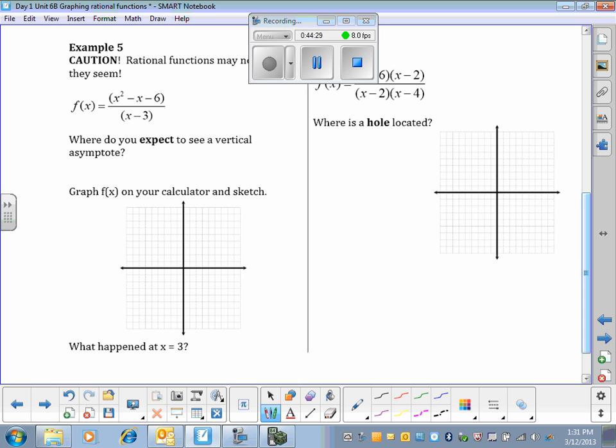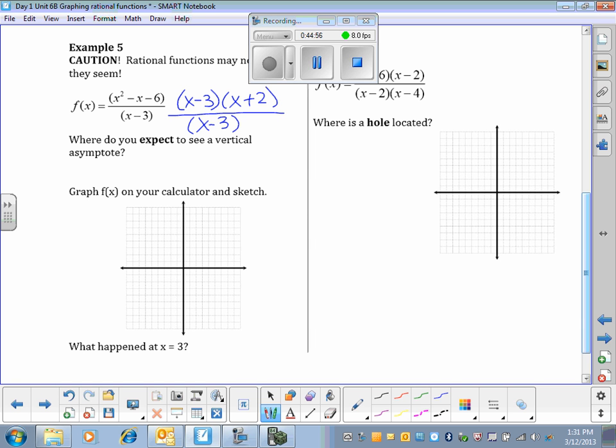So this is one of those that creates a hole, and I just wanted to show you what it looks like if you were to graph it. While I'm doing this, somebody put this in your calculator for me. You're going to factor this to x minus 3, x plus 2, all over x minus 3.